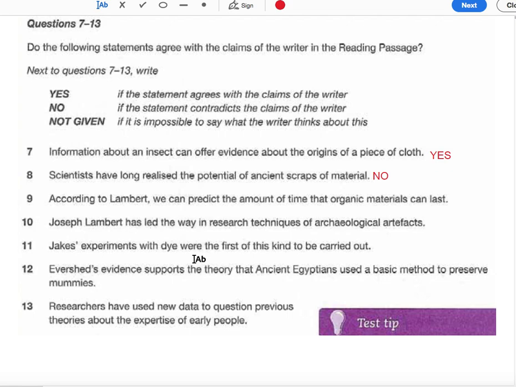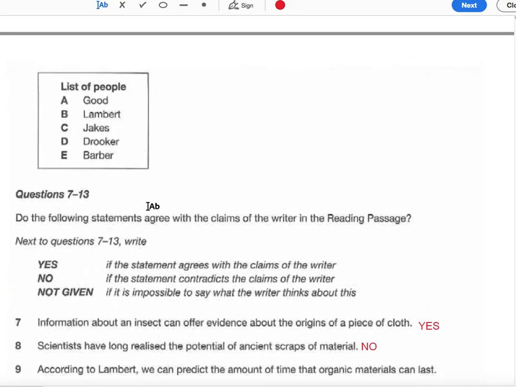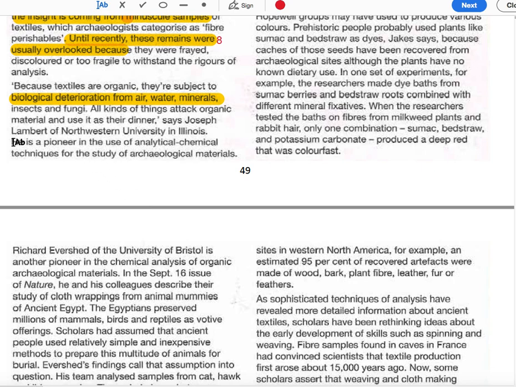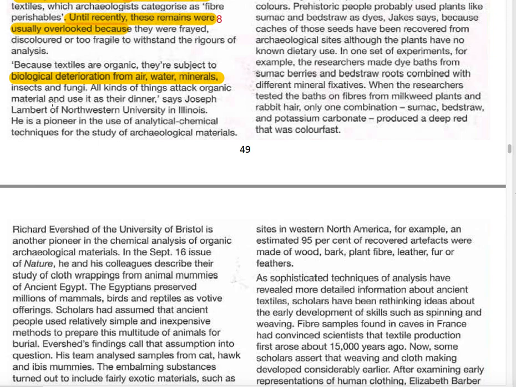This means he's like a leader. He's the one that is focusing on this. It's only one person. And I remember one word, techniques, in here. If we look closely, he is a pioneer. You see here? It says he is a pioneer in the use of analytical chemical techniques for the study of archaeological materials or artifacts. Pioneer, when you're a pioneer, you're the first of a kind.